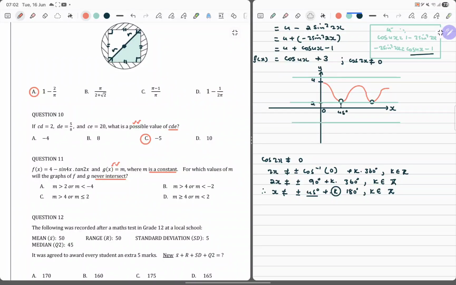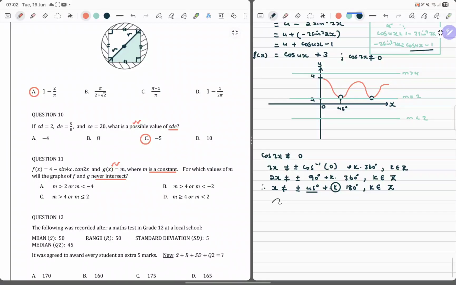So if that's the case for m, remember these are the values of m. This is when m is greater than 4. This is when m is equal to 2. This is when m is less than 2, literally. Okay, so this is what we have. So when does this not intersect our function? It's when it passes through the hole or below that or above the maximum.